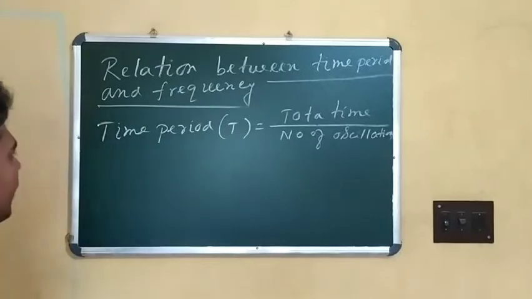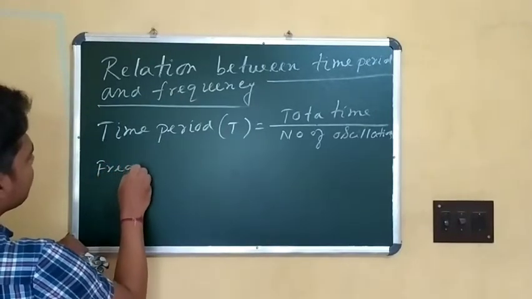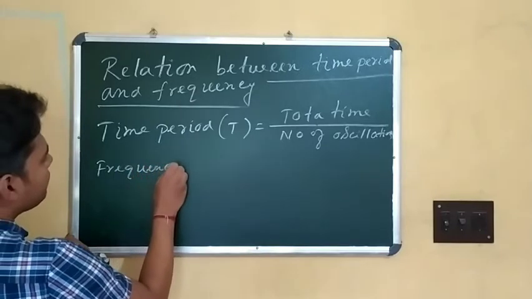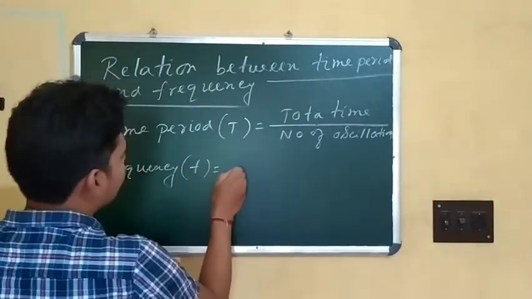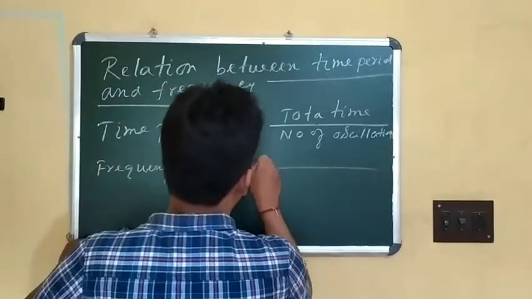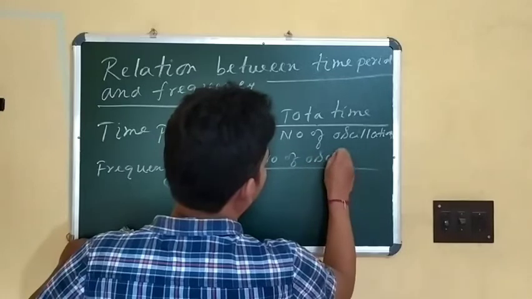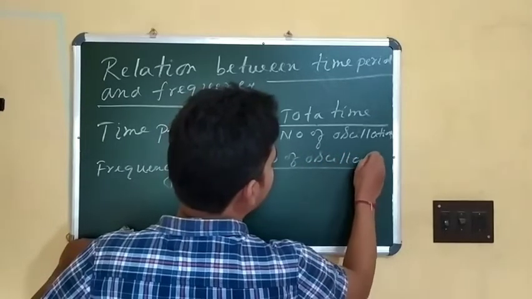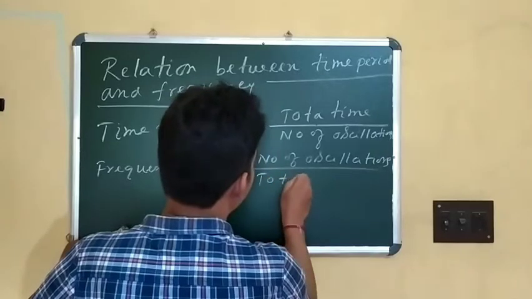Okay, and you write down the formula of frequency. Frequency f equals number of oscillations by total time.